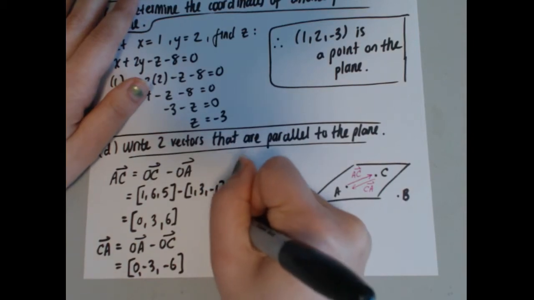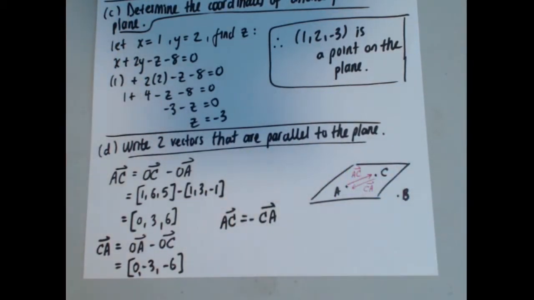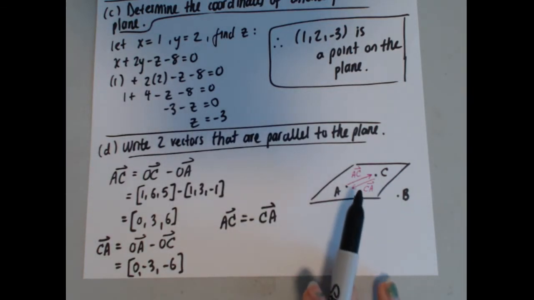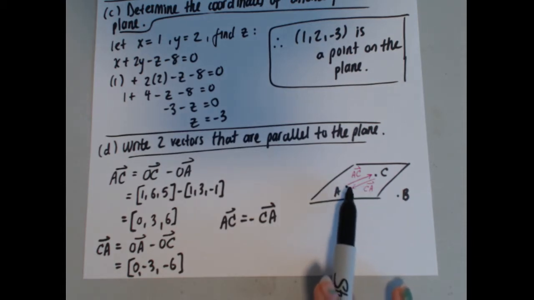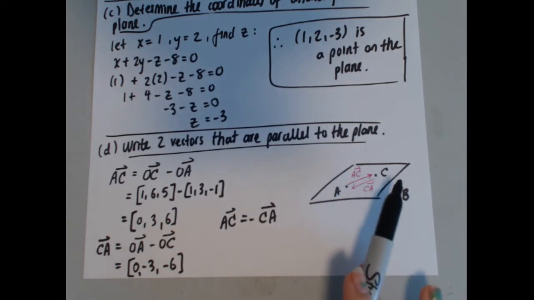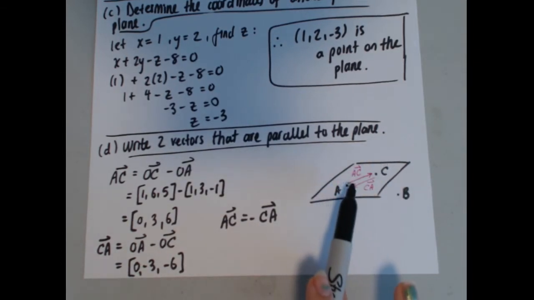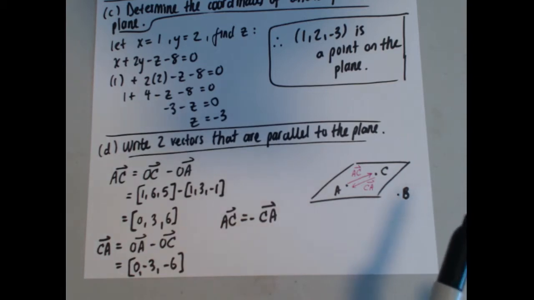So AC is equal to negative CA. Now, if B was on the plane as well, then you would have 6 different vectors that you could use. You could use AC, CA, you could use CB, BC, AB, and BA. But B is not on the plane, unfortunately, so we can't use that. All right, hopefully that's okay.